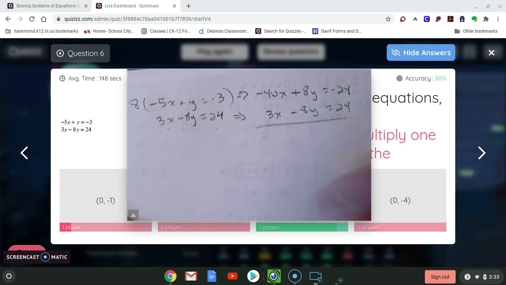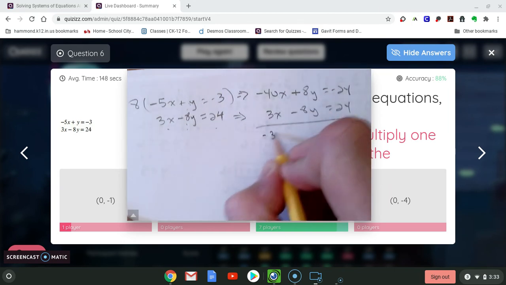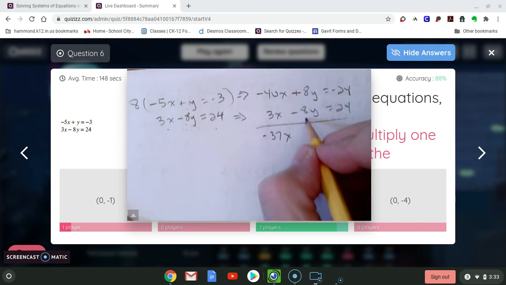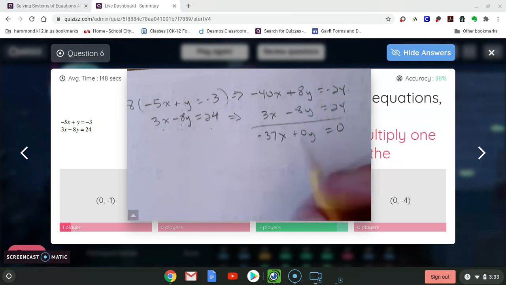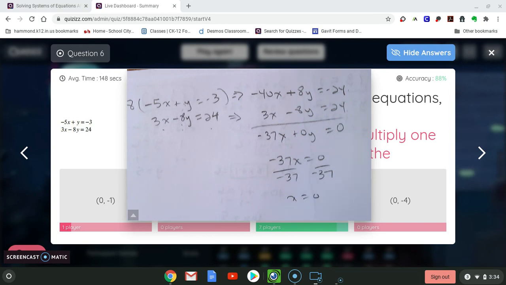Now I can add these two together. Negative 37x plus 0y, and then, oh surprise, these two sum to 0 also, which looks a little strange, but we can still move forward with this. Negative 37x equals 0. Let's isolate the x by dividing both sides by negative 37, and x equals 0.